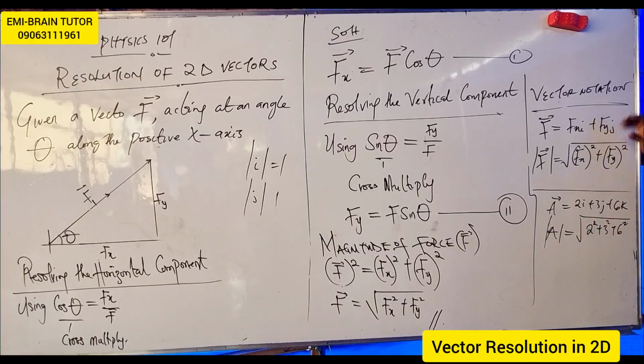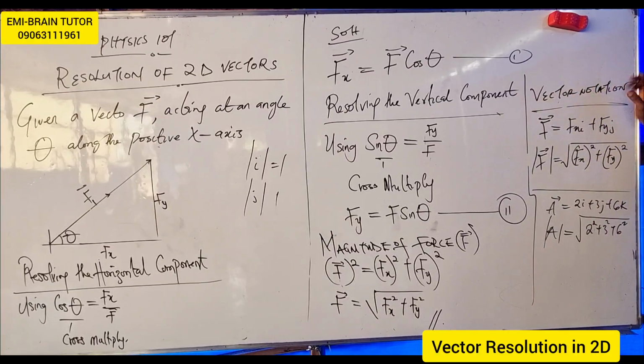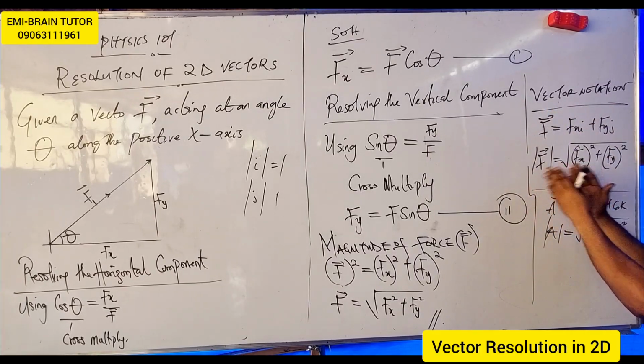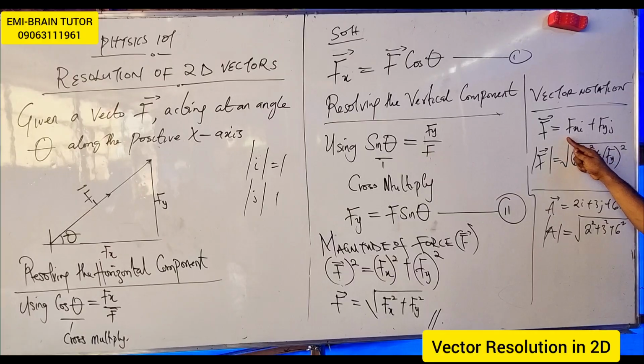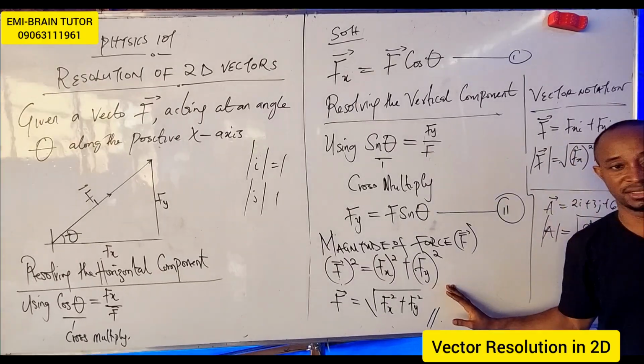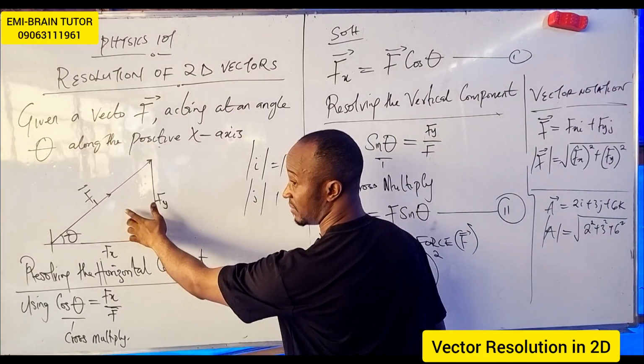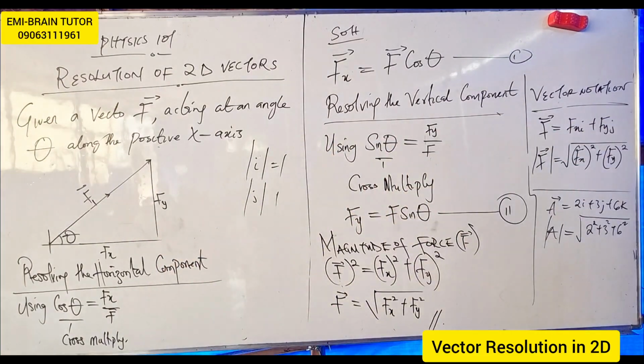So if I have a force or a vector in vector notation just like this, to find the size of that force, what do we do? Square root of Fx squared plus Fy squared. You see the same thing I did here. I just have to derive this from this diagram using what we call Pythagoras theorem.